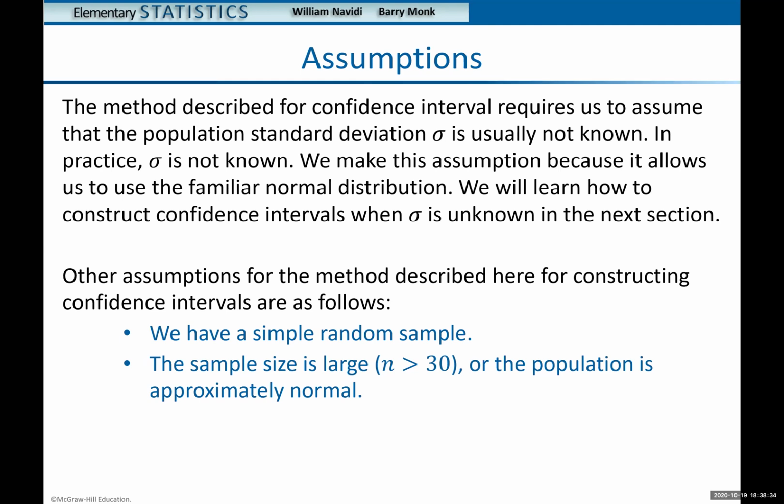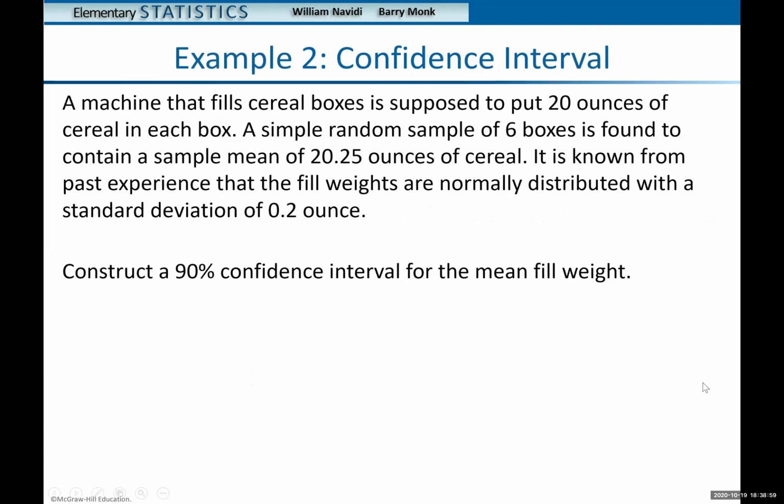We should always have a simple random sample, and n should be greater than 30, or it is stated in the problem that the population is approximately normal. Every problem we have to check using these assumptions.